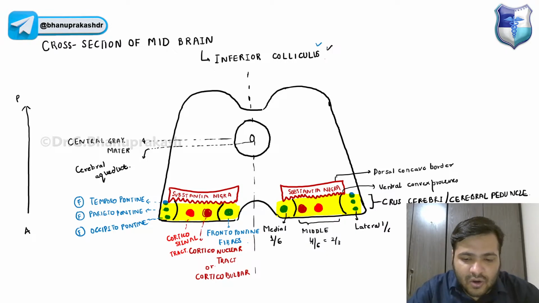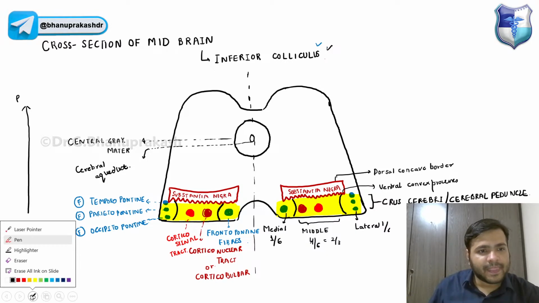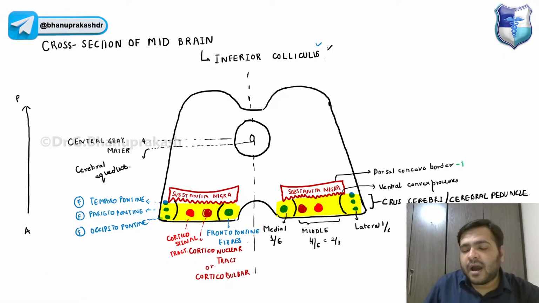Now the dorsal concave part is also called the pars compacta. Please be very clear with this. The ventral convex part with these processes is called the pars reticularis.